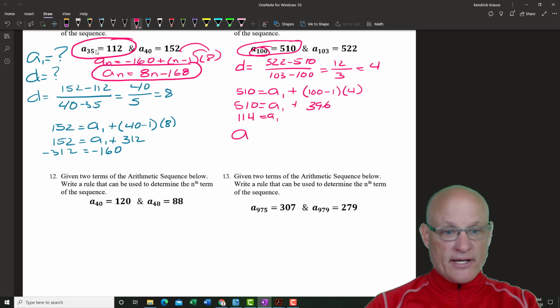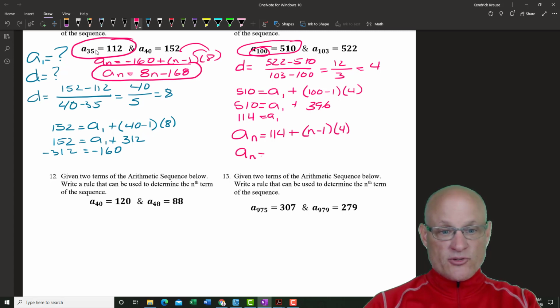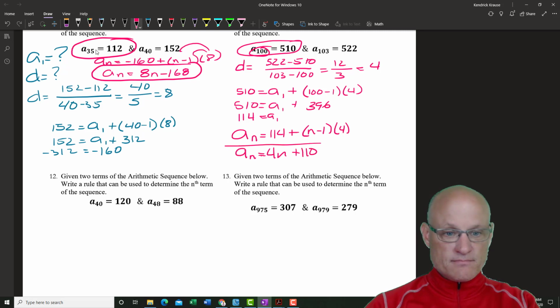Now we're ready to roll. A sub n equals 114 plus n minus 1 times 4. So this is 4n, minus 4, so minus 4 plus 114 is plus 110. Let me check it real quick.